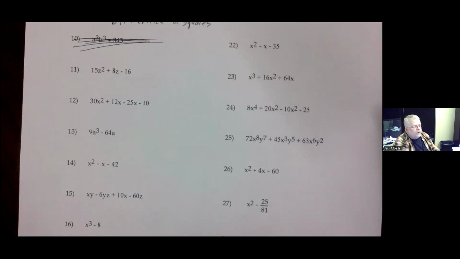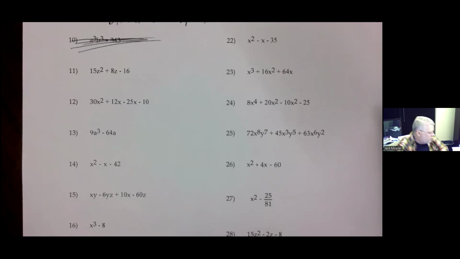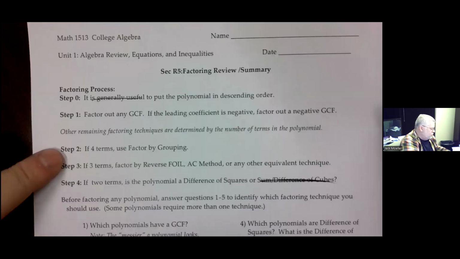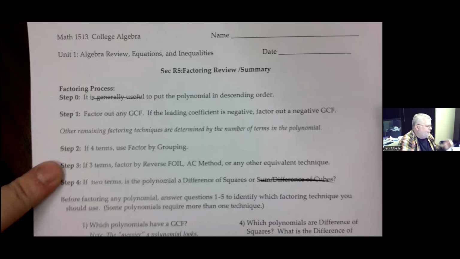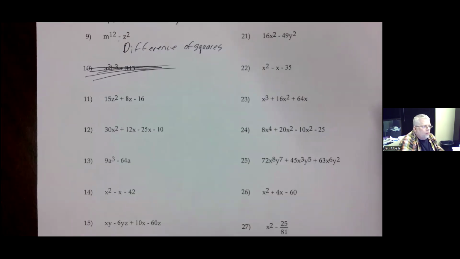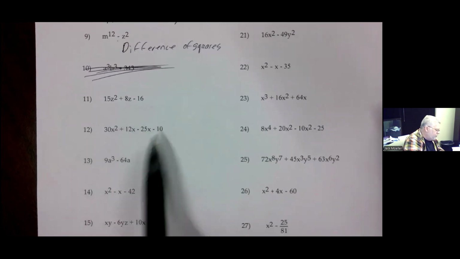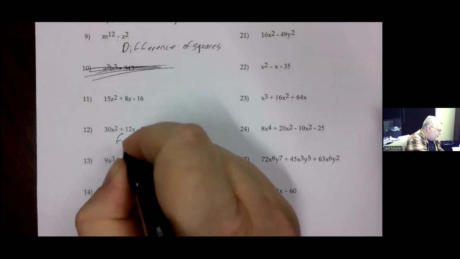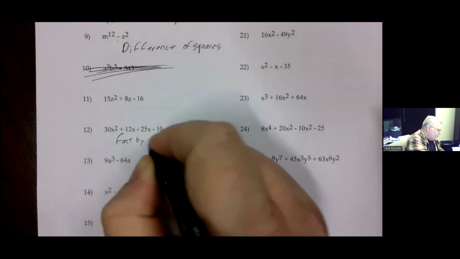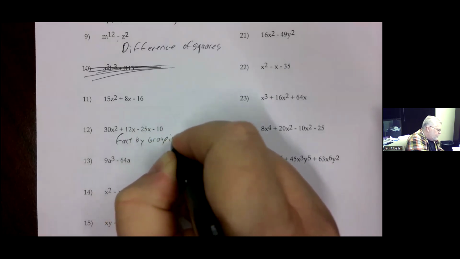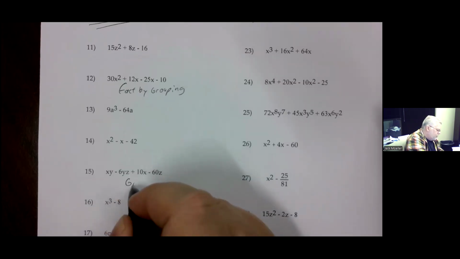All right. How about this? Of the ones I have here on the page, which ones are going to be factored by grouping? How do you recognize factor by grouping? If it's 4 terms, use factor by grouping. So let's see, number 12, 1, 2, 3, 4 terms. So that's factor by grouping. 15 is grouping.